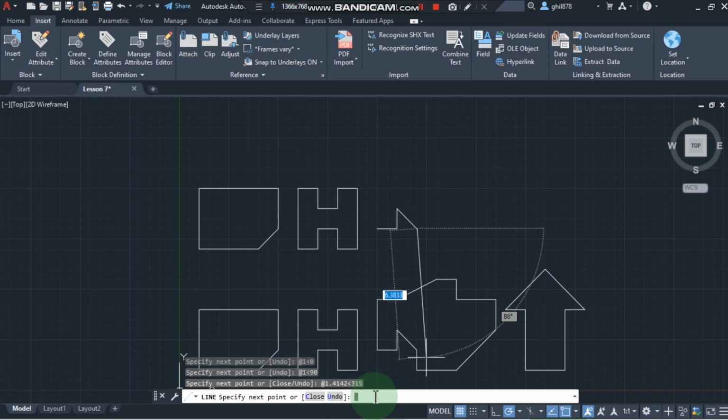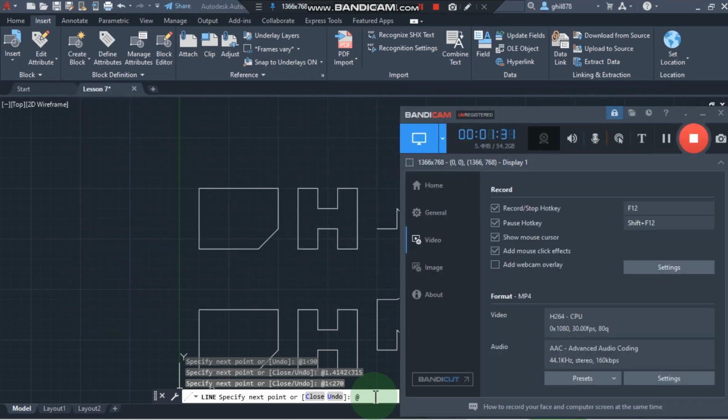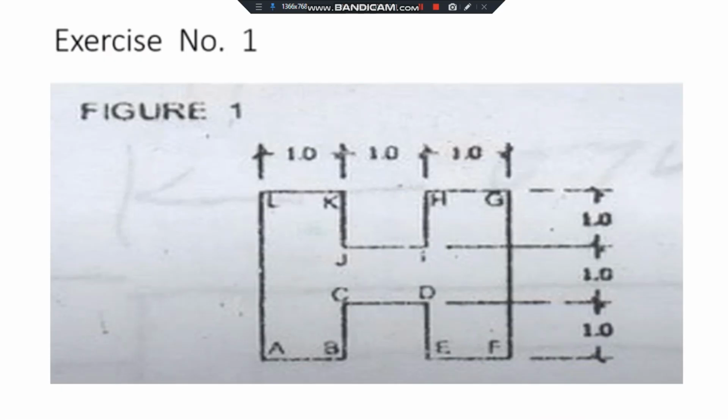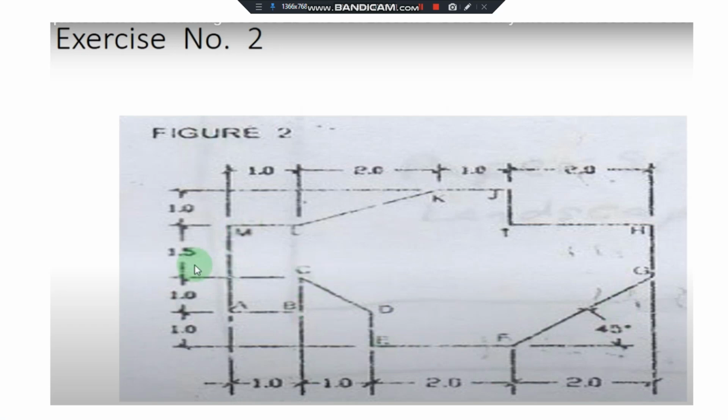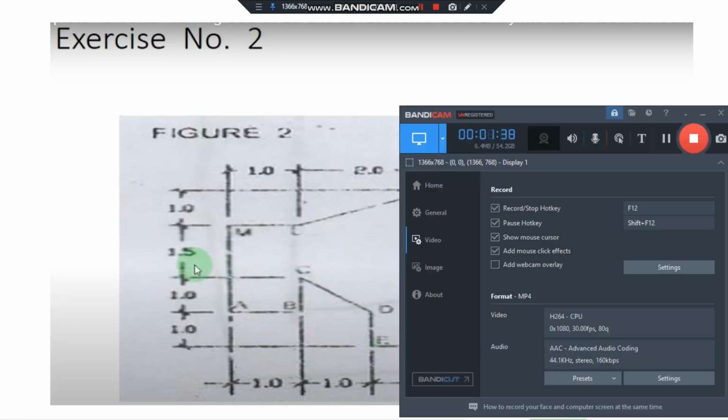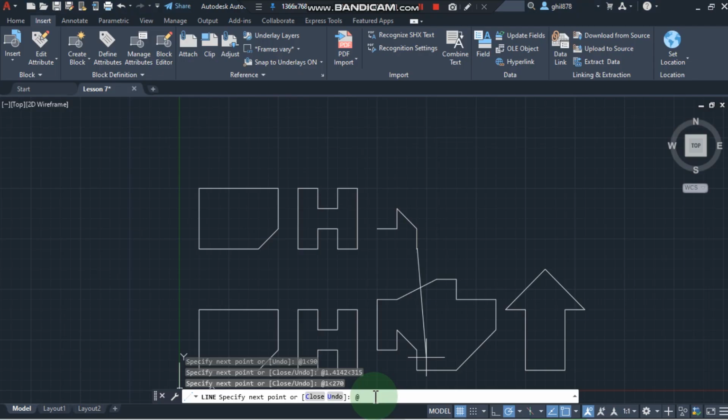Then downward at 1, angle of 270 degrees. Then at a distance of 2, angle of 0 degrees.